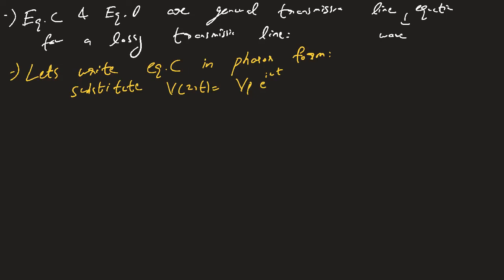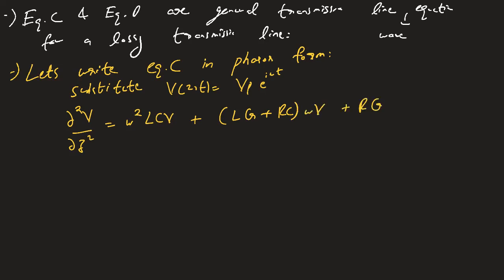If you do that, your wave equation simply becomes del 2v by del z square equal to omega square LCV plus (LG plus RC) times omega V plus RGV, right? So that's the wave equation in phasor form.